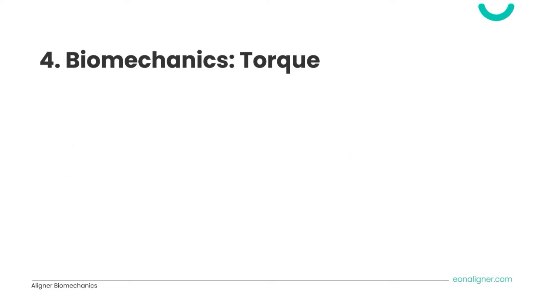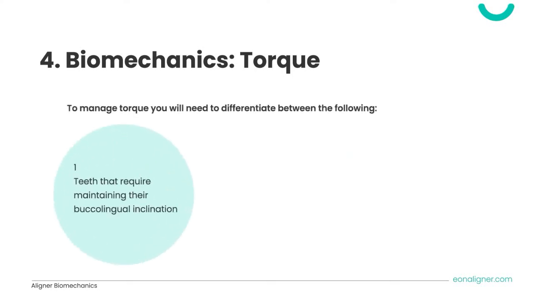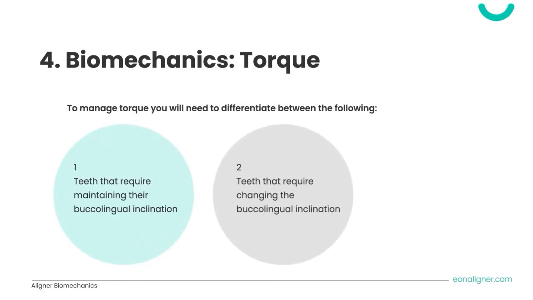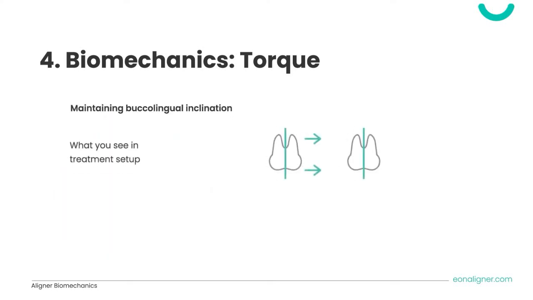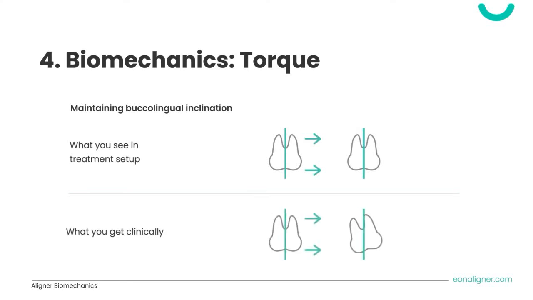The first step in managing torque is to differentiate between teeth that require changing their torque from those which need their torque to be maintained. Firstly, we will discuss what is needed to maintain torque. Let's consider this tooth for example. When moving it bodily in a buccal direction, buccal inclination or tipping is bound to happen along the way.